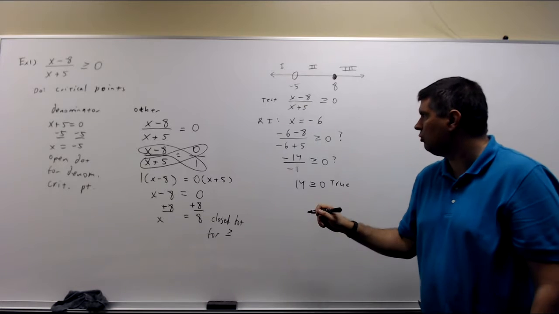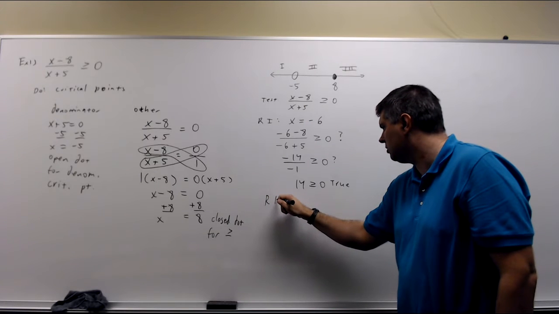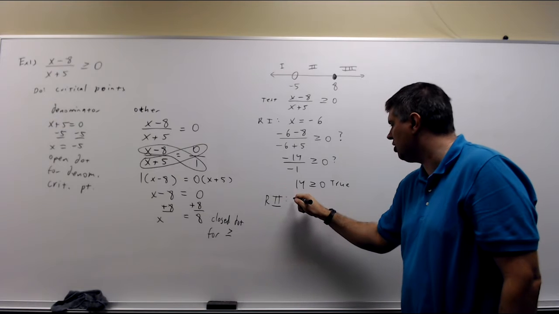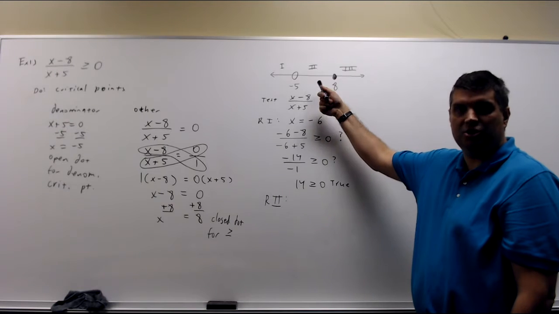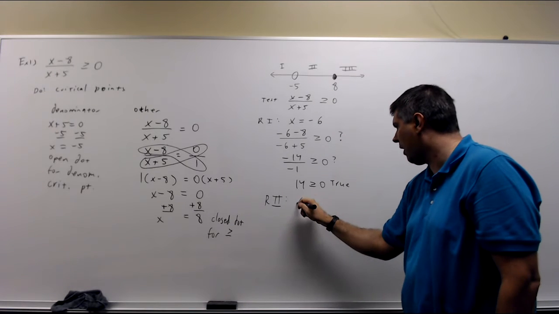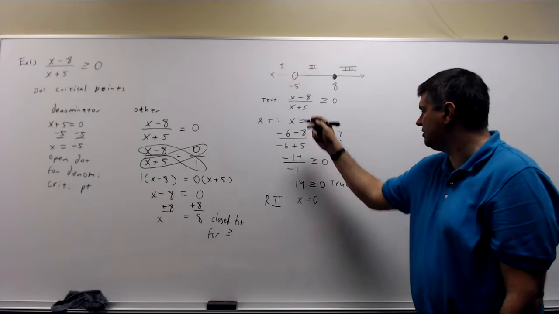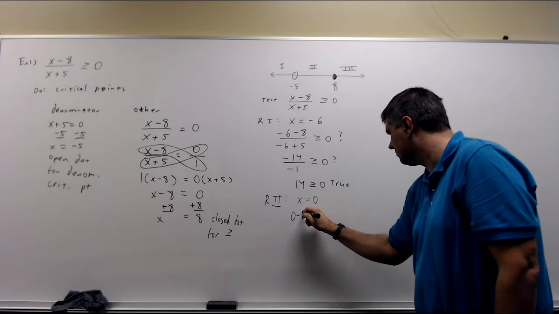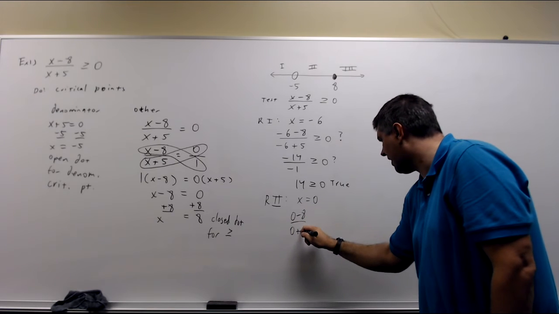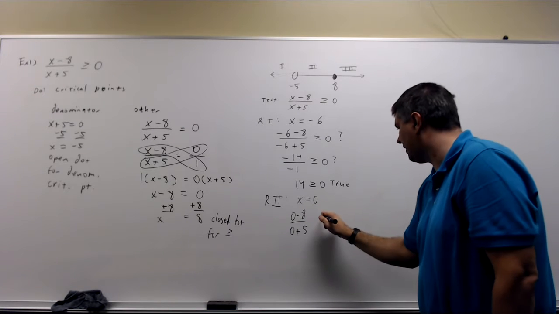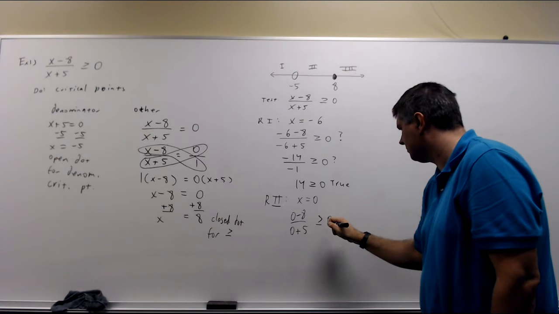Now, region 2 has 0 in it. So because region 2 has 0, I'll use 0. I want to know if (0 minus 8) over (0 plus 5) really is greater than or equal to 0.